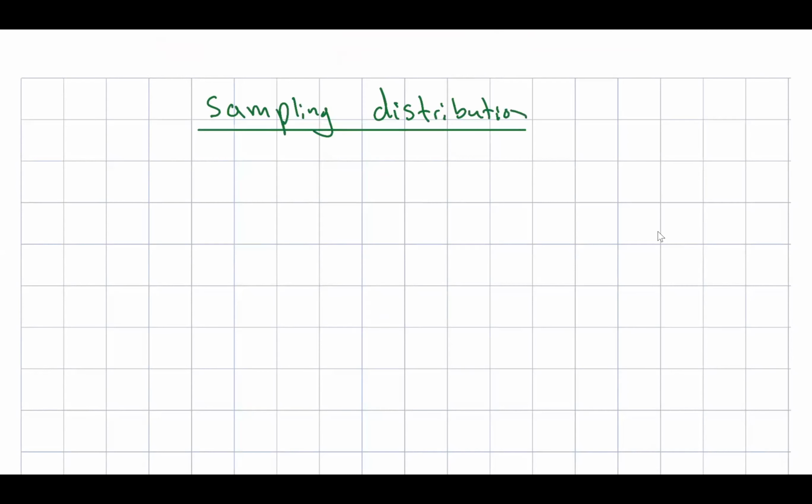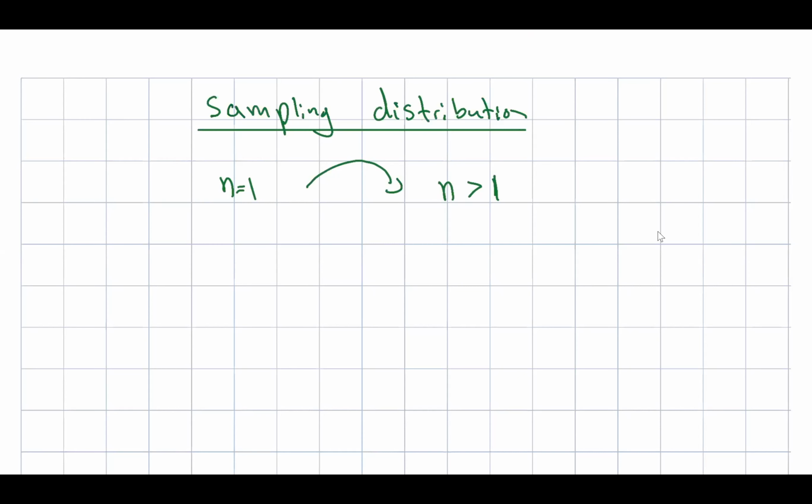All right. So in this chapter, we're essentially going to transition over from having a sample size of 1 to a sample size bigger than 1.